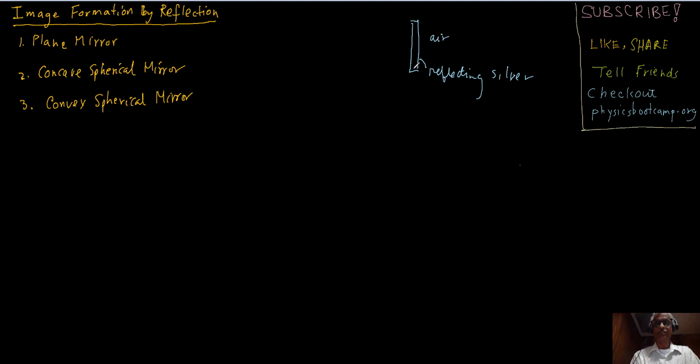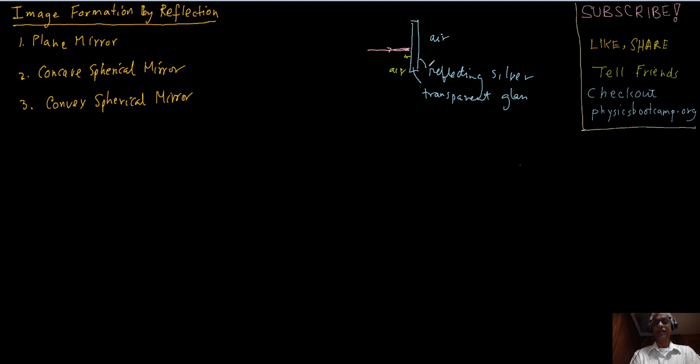And then this is a transparent glass, usually glass. It's transparent to the visible light. So if you shine a light, a beam comes in. A tiny amount will get reflected from here because this is air.